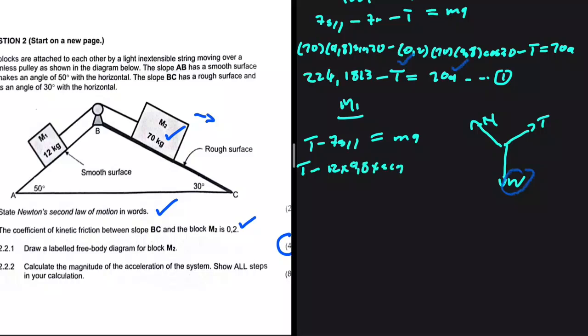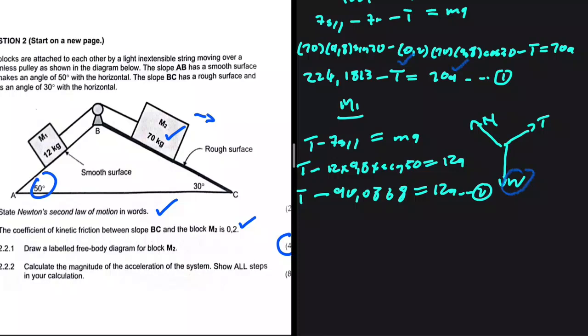The angle of inclination is 50 degrees, so sine of 50 being equal to 12a. So we're going to have the tension minus 90.0868 being equal to 12a. This is our equation 2.